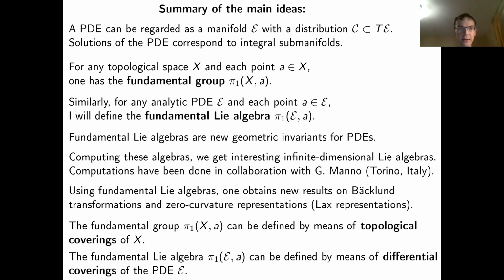Topological coverings are locally trivial bundles with discrete fibers. The standard definition of the fundamental group uses homotopy classes of loops, but it is also possible to define the fundamental group by means of topological coverings. We will recall this approach.